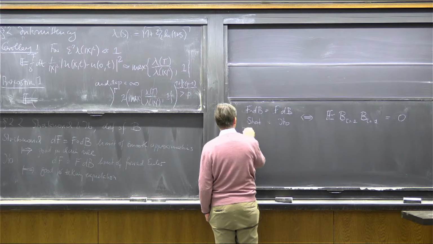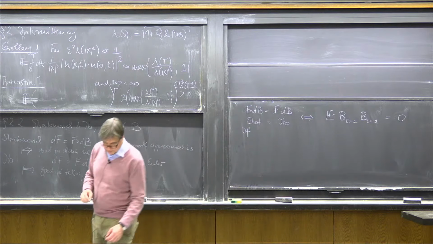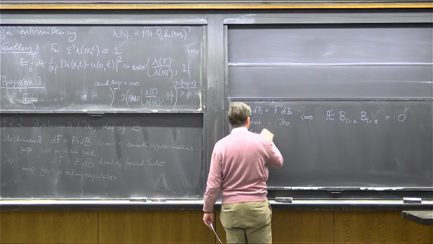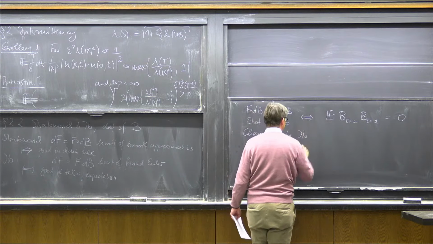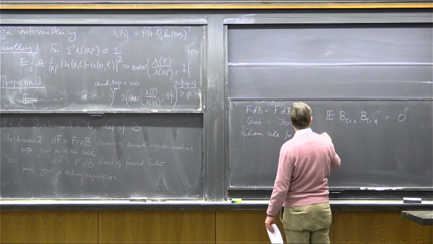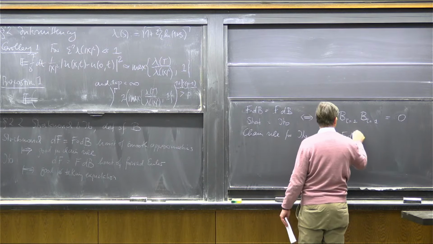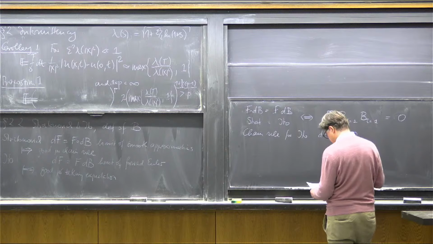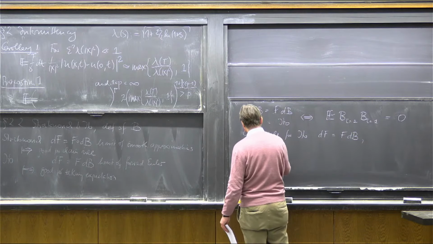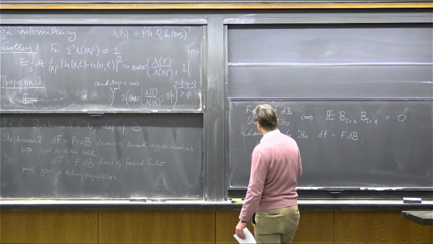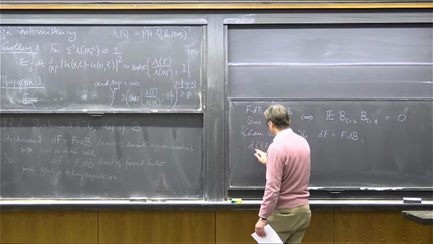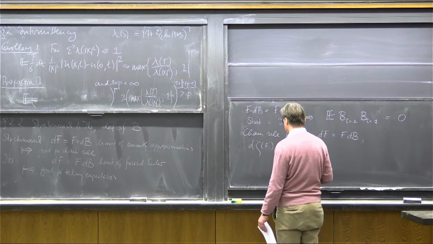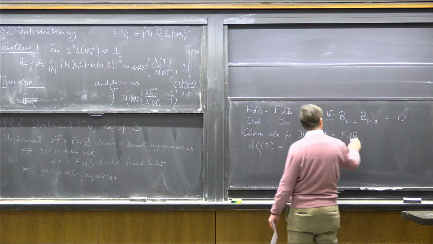So if you have an observable, I typically call it zeta, I want to speak about the chain rule for Ito. So for dF equal to F dB, the chain rule for Ito tells you that if you look at an observable zeta, so some function on matrix space F, then this object satisfies a differential identity, which is pretty much of the original form.